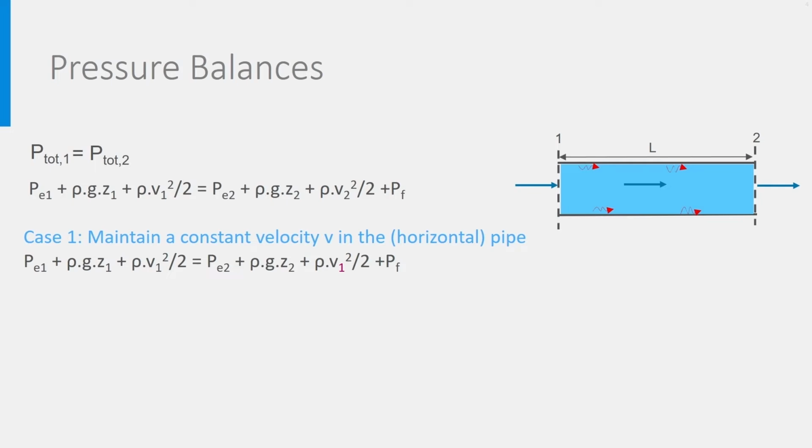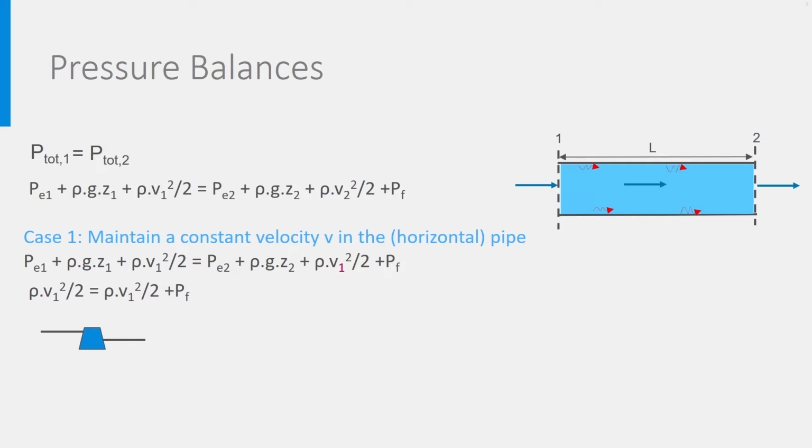So we end up with half rho times V1 square equals half rho times V1 square plus the friction pressure. There is clearly an unbalance here, meaning that the state of having the same velocity in the 2 points is impossible. The pressure is not conserved.